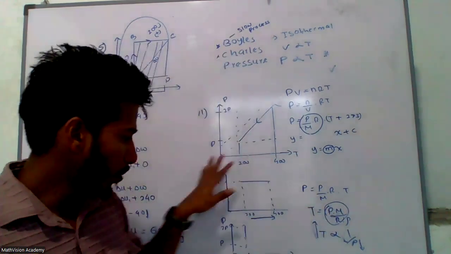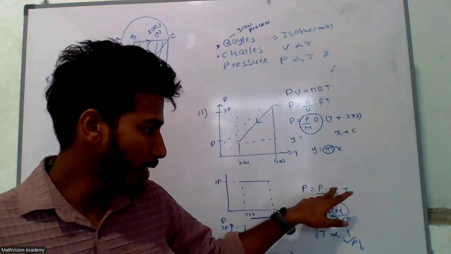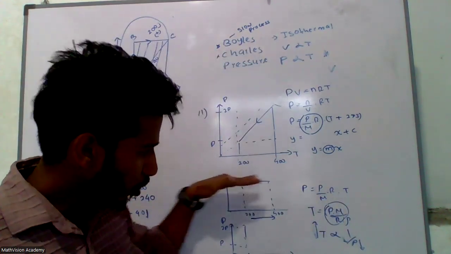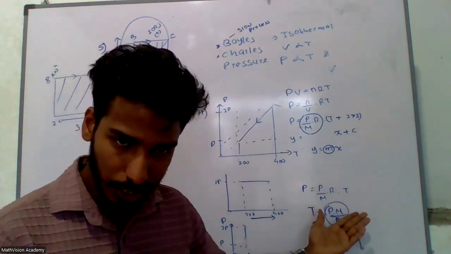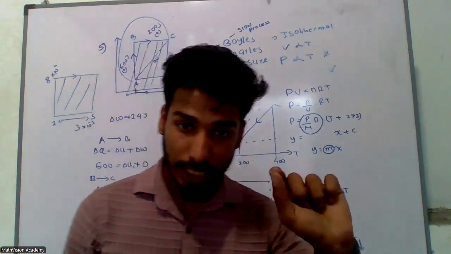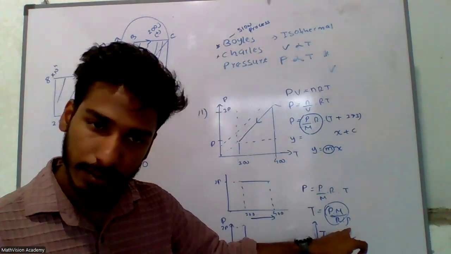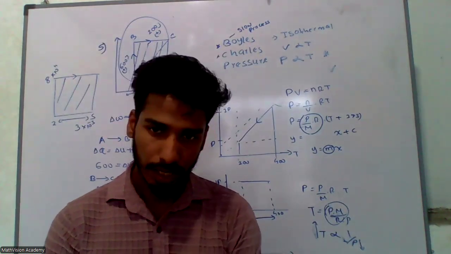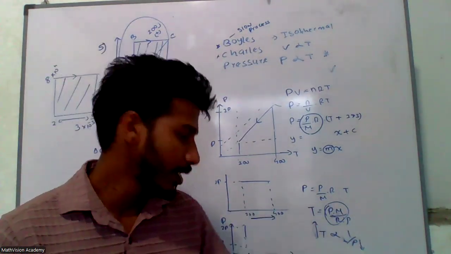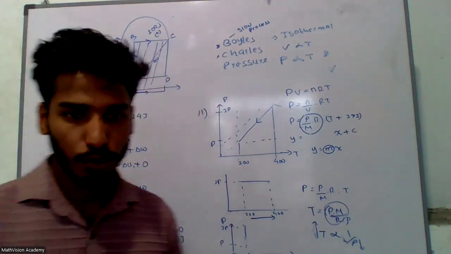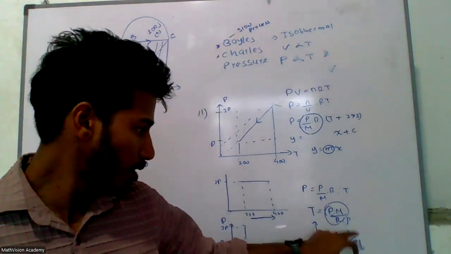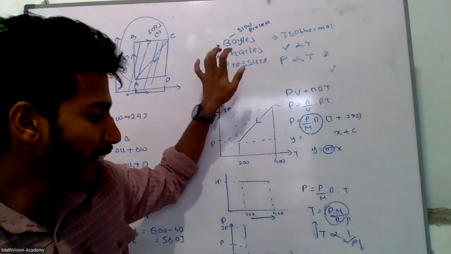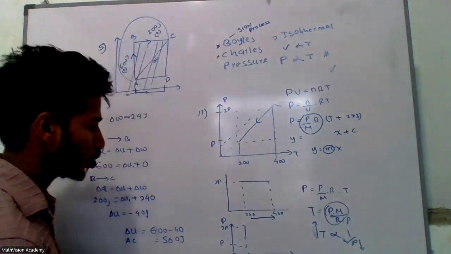The basic equation behind my graph is pressure equal density R over molar mass, my temperature. Here the pressure is maintained constant, so I made all of that a constant. And they ask me about the density specifically, that's why I isolated the density here. So temperature is inversely proportional to the density. When temperature increases, density should reduce. And you might have noted that down: it is a constant pressure process, which means it is obeying Charles' law here.